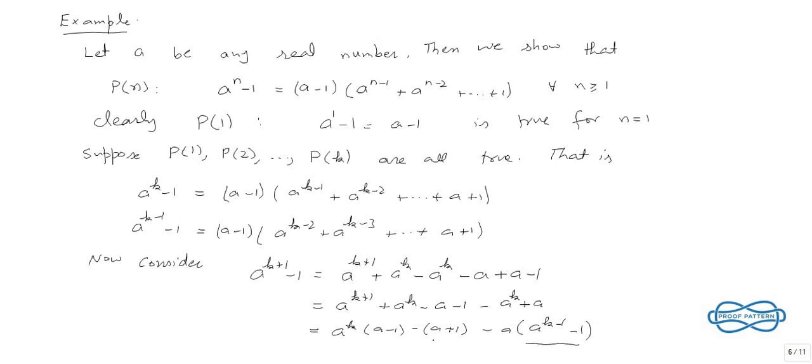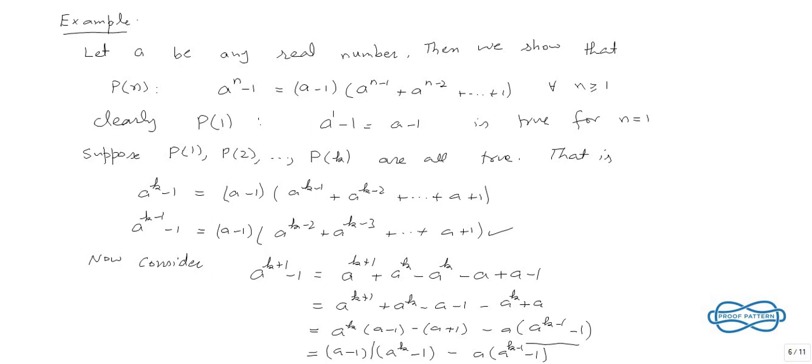Okay, we move further. This will be equal to, on the left side a^{k+1} minus 1, and on the right side after some rearrangement it will be a plus 1 if we take, and the remaining terms will be a minus 1 into a^{k-1} plus so on plus a plus 1 minus a into a minus 1 up to so on a^{k-2} up to so on plus a plus 1, and if we take a minus 1 common here, it will be a^{k-1} minus a into a^{k-1} minus 1.